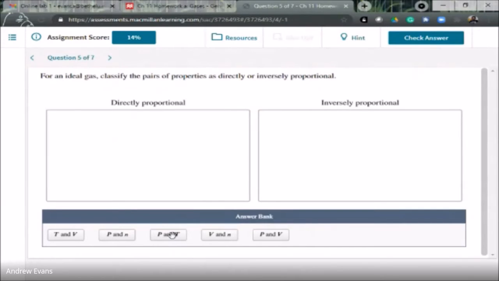P and T are on opposite sides of the equation because you have PV equals nRT, so that'd be a direct proportional. Now, P and V are the only ones given here that are on the same side of the equation. If I said n and T, then you could say those are inversely proportional. But the rest of them you can figure out.